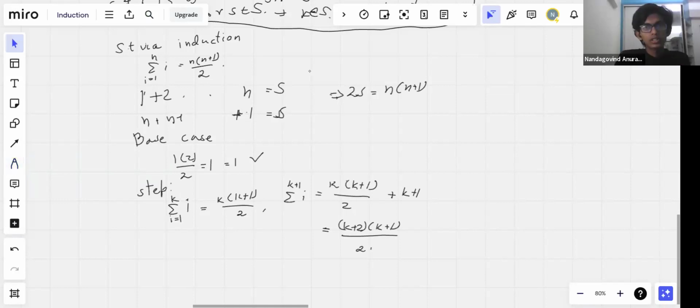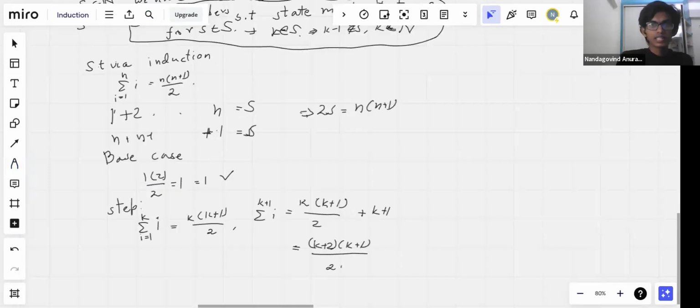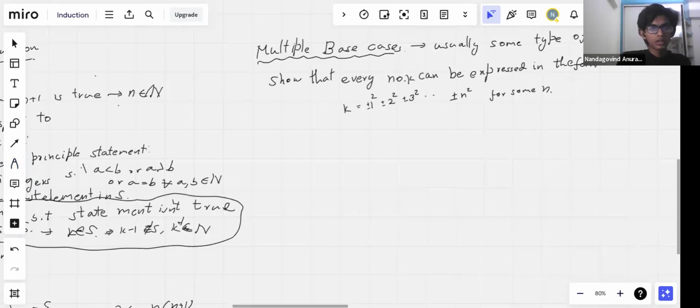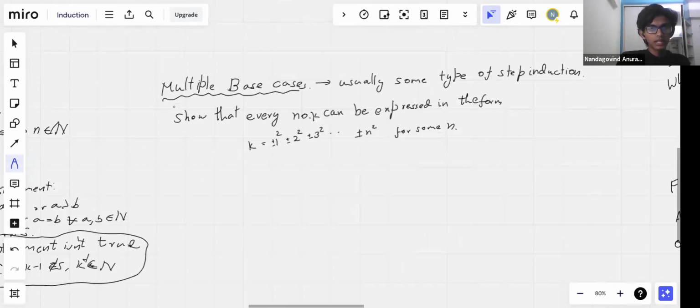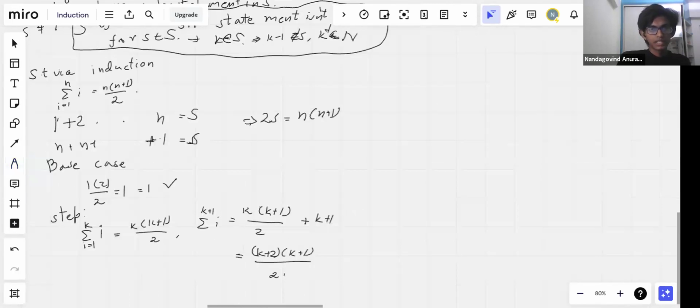So now we'll go to the first question that's slightly tricky. So what we did here was an induction with a single base case.